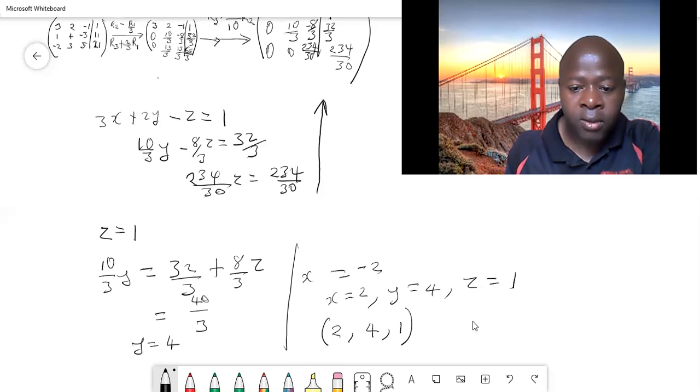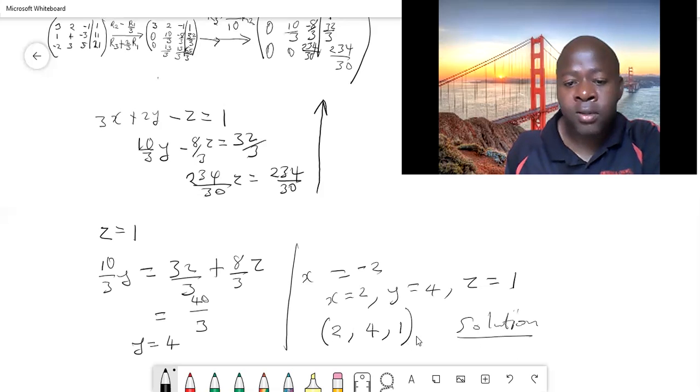So this is our solution to the above system. Most books will write it in this form.